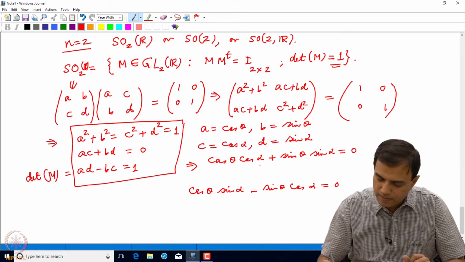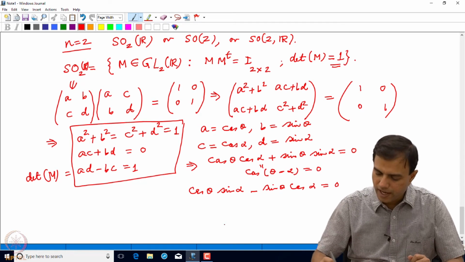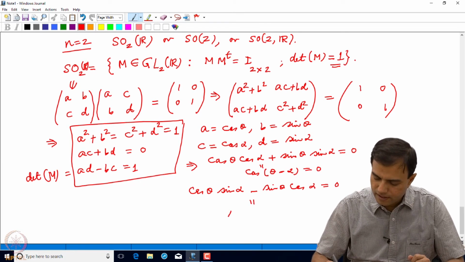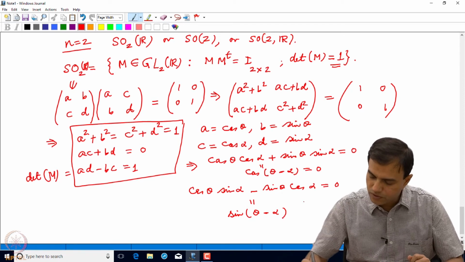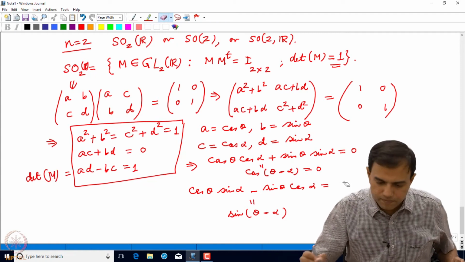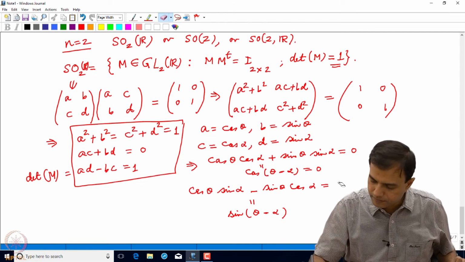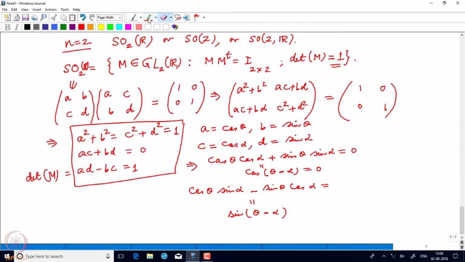So that means cos of theta minus alpha is 0, and sine of theta minus alpha, oh sorry, AD minus BC is the determinant, this is 1.